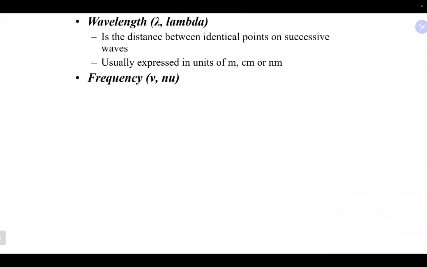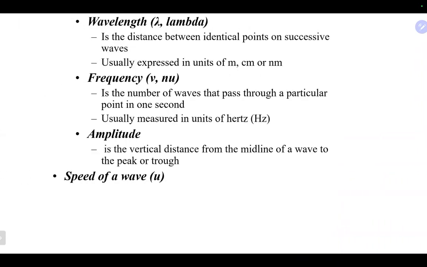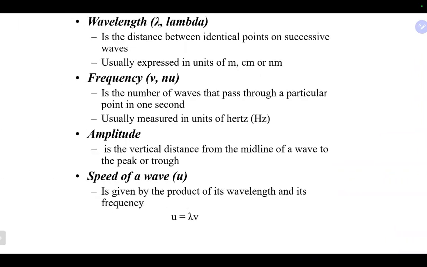Some important parts of a wave, and we'll talk more about it here in this chapter. But first off is the wavelength, which is sometimes abbreviated with the lambda symbol. If you've got a wave moving, the distance between two peaks, or troughs, which would be the bottom, is the wavelength.